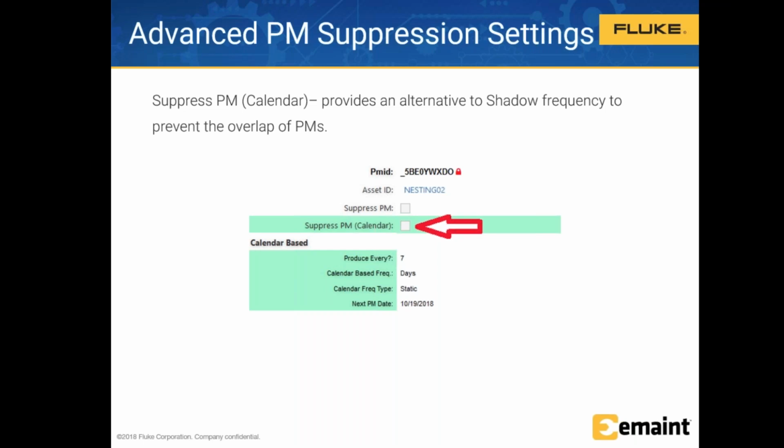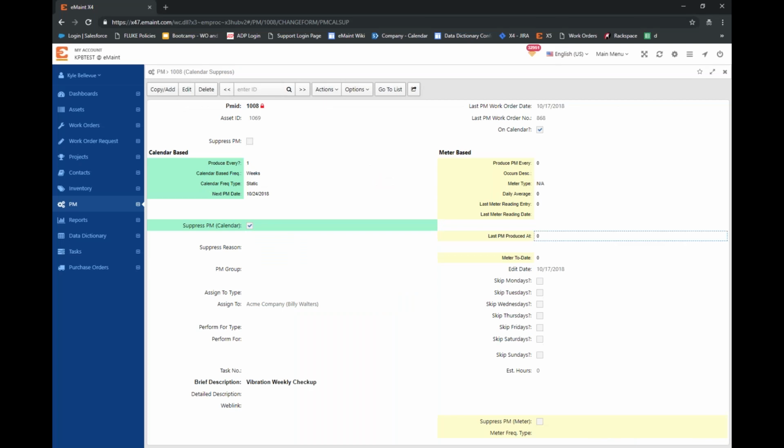So we can go ahead and look at an example that I have here for you. All right. So here we are. I'm in here at a PM. I've already gone ahead and selected the suppress PM calendar option. That's what I've done. Okay.